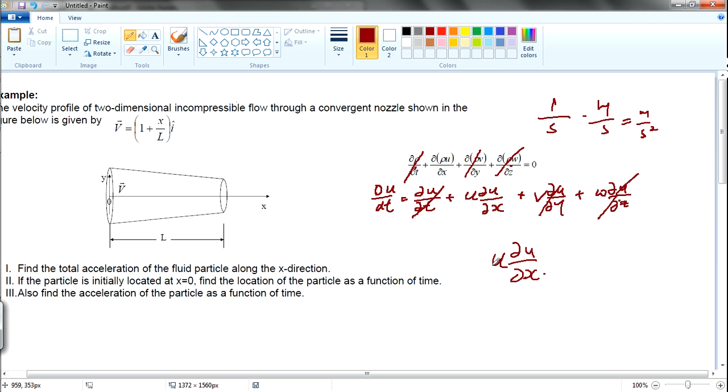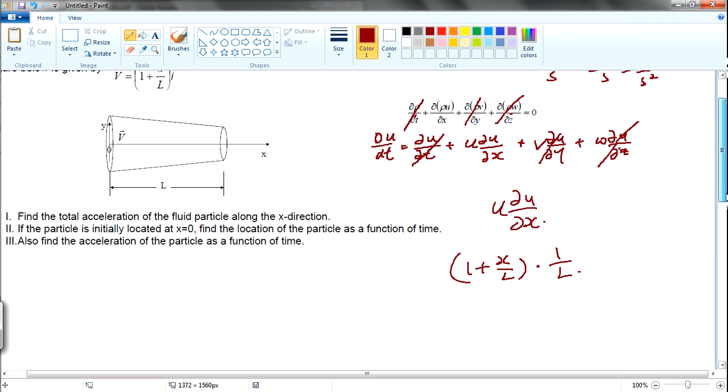And you know that u, the velocity itself, is 1 plus x over L. Multiply by partial x, you get 1 over L. If you want to check the SI unit, if you still doubt me, this u is meter per second, right? Maybe I should write over here, meter per second.